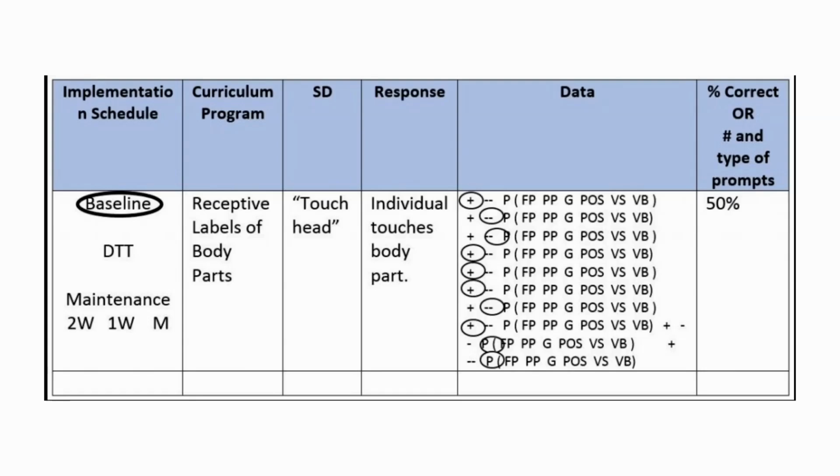So they're trying to learn receptive labels of body parts. And again, I think a lot of times you're like, why am I doing that? Why is this important? Receptive labels of body parts is hugely important for everybody to know because of a doctor, even safety stuff, or a nurse. They have to know, to be able to say, my head hurts.